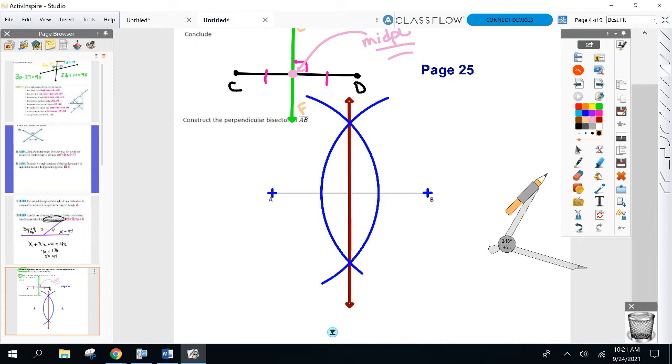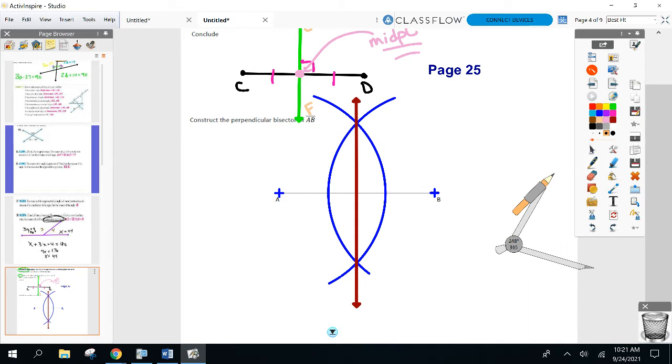Mark up your diagram so I know it's both perpendicular and a bisector. Good work, everybody.